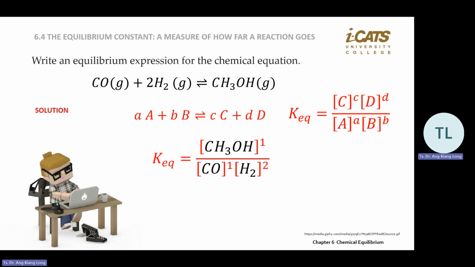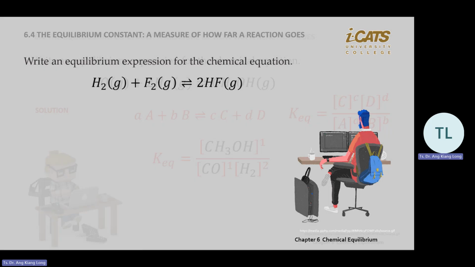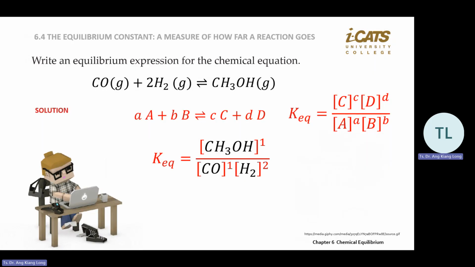And then you write this one. We haven't substituted yet, but in later chapters you'll see numbers there. At the current chapter, we just write like this first. So this one I think is quite straightforward. Nothing complex here.